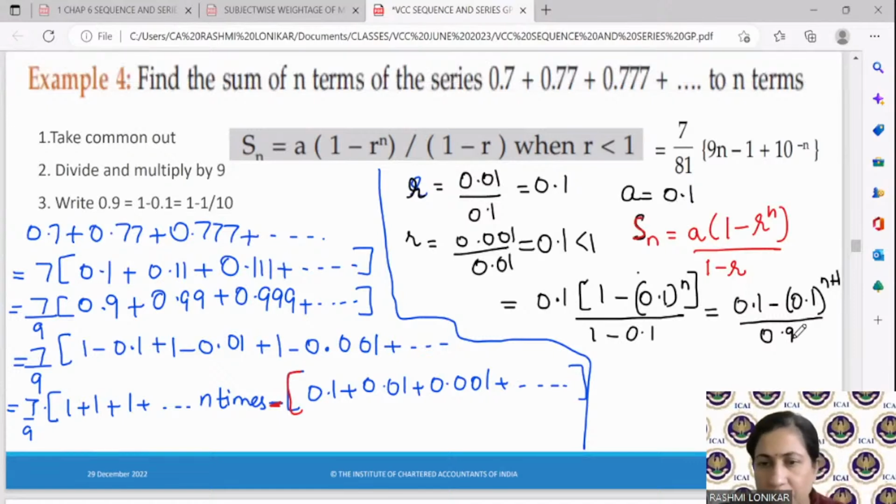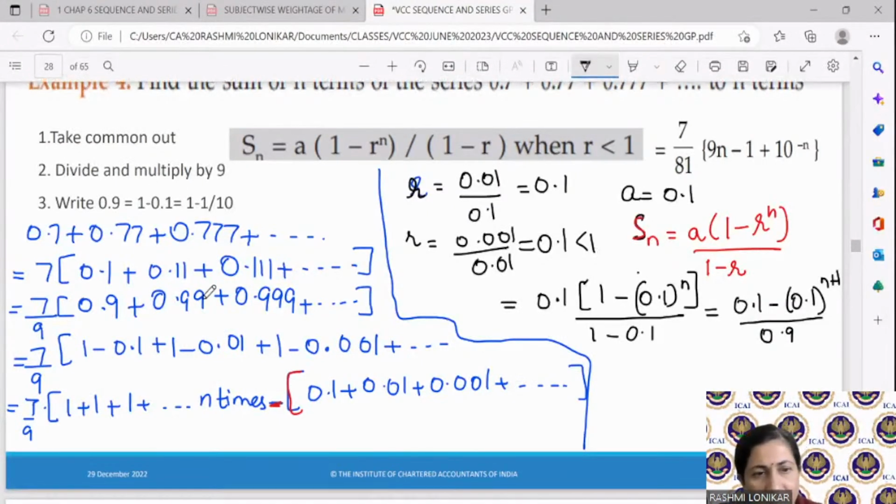So now I can write it in decimals, or I can write it in terms of 9 by 10. So 0.9 I can write as 0.9, or as 9 by 10. A I can write as 0.1, or as 1 by 10. Okay, so the choice is yours. It will again depend on what options you have.